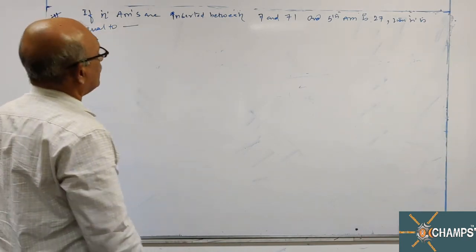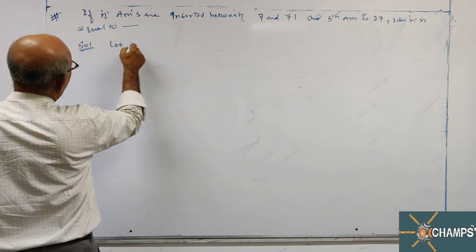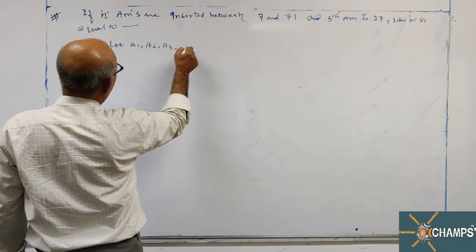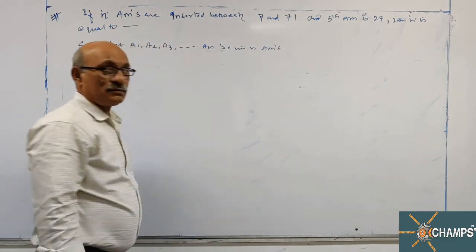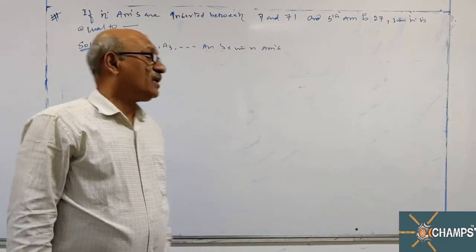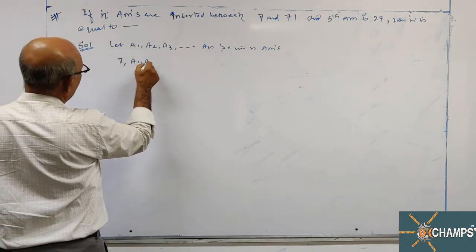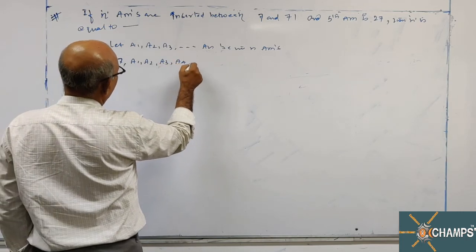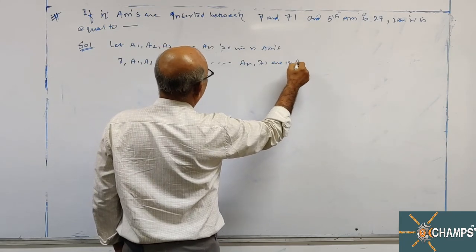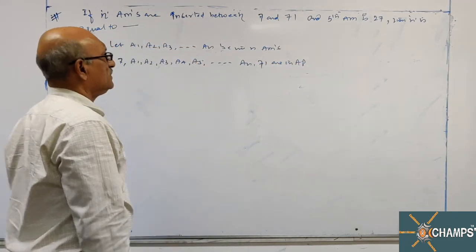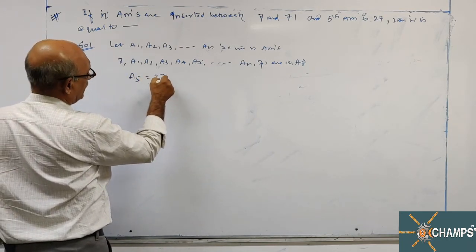What is given? N arithmetic means are inserted. Let a1, a2, a3, etc., an be the n arithmetic means. If these are inserted between 7 and 71, then 7, a1, a2, a3, a4, a5, etc., an, 71 are in AP. Given, the fifth arithmetic mean is equal to 27.